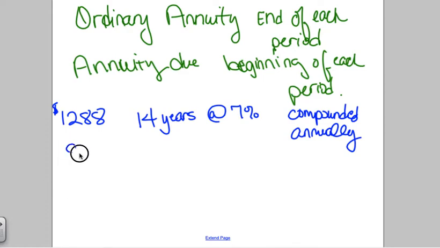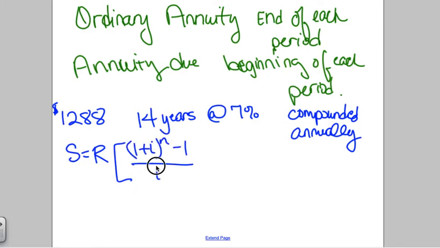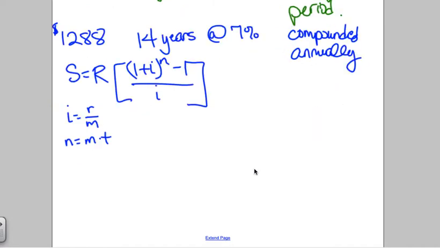So future value is S equals R times 1 plus I to the N minus 1 over I. Remember, I is still R over M, and N is still M times T. Here, my I is 0.07. M is 1.